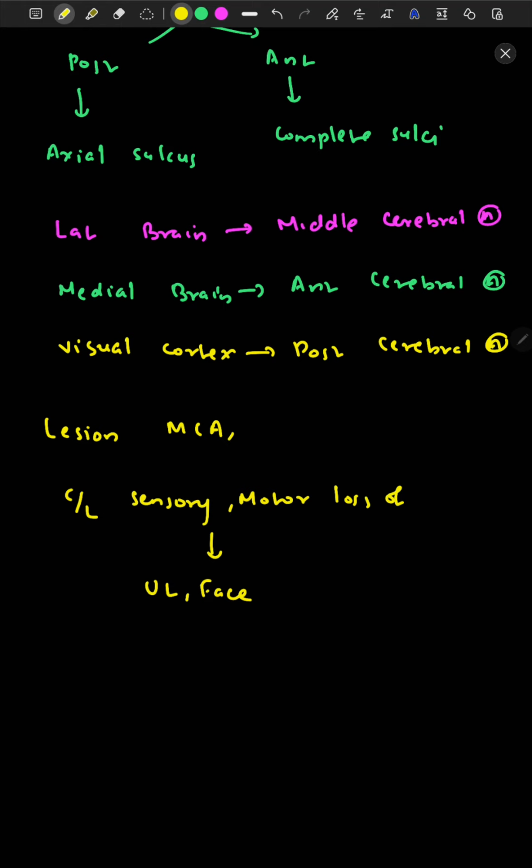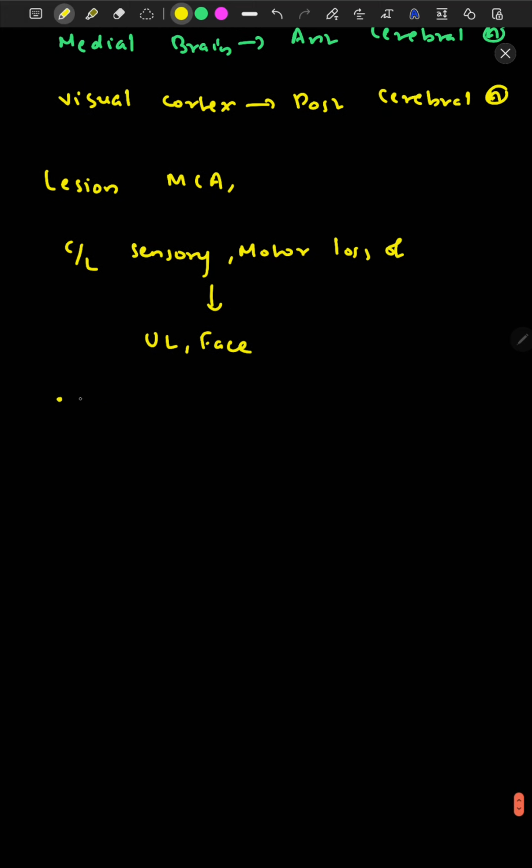It is because the lower limb and the perineum are towards the medial side, so they are supplied by the anterior cerebral artery. And there will be Broca's and Wernicke's aphasia.